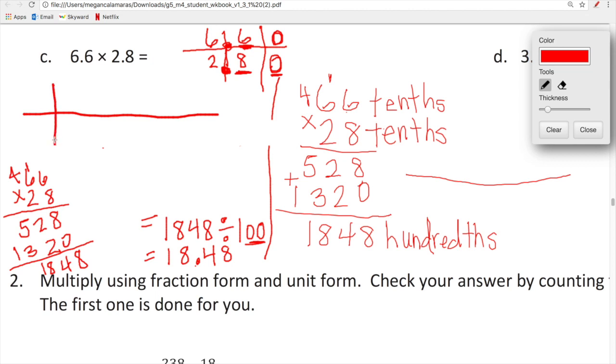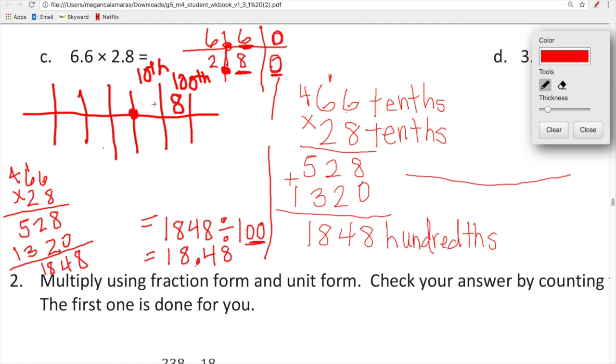And then so we have tenths, and then we have hundredths.